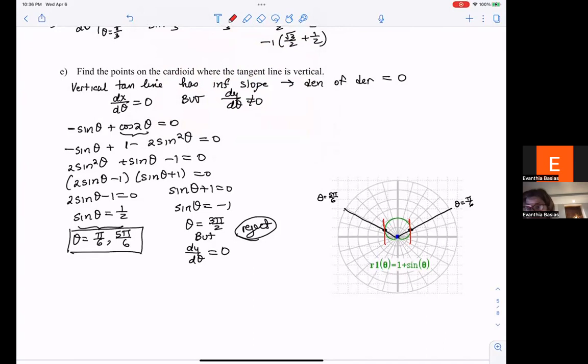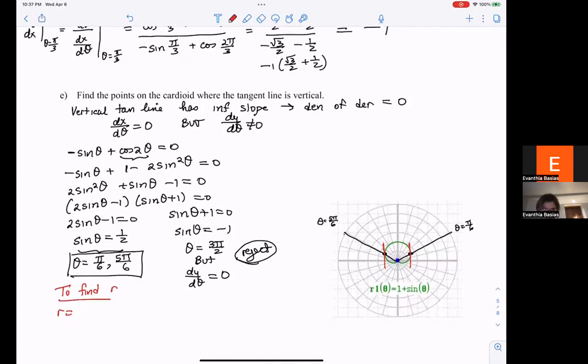But to get those points, theta is not enough. We've got to get the radius. So to find r, we substitute back into the original cardioid. And the original cardioid was 1 plus sine theta. So when we substitute sine of pi over 6 or sine of 5 pi over 6, they're both 1/2.